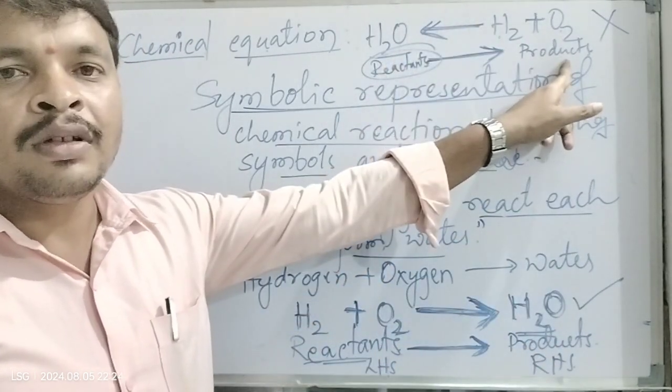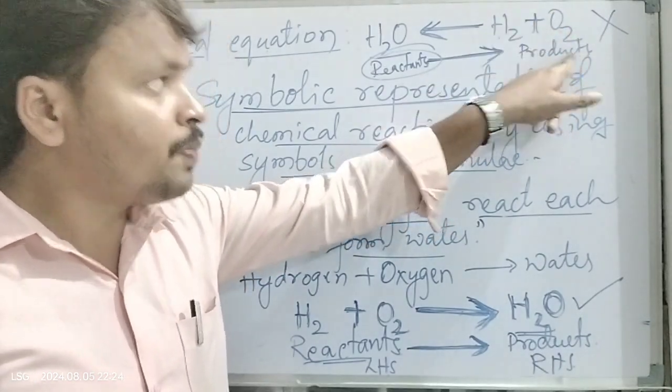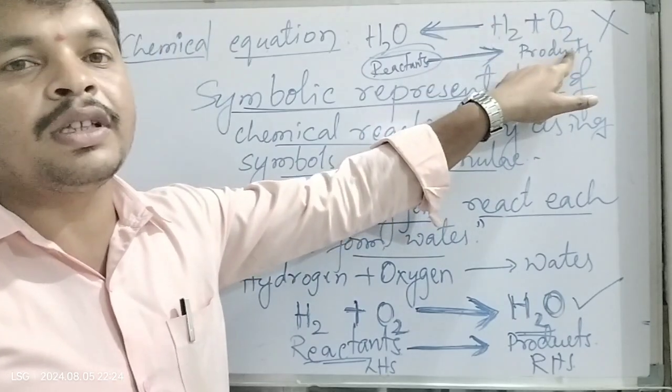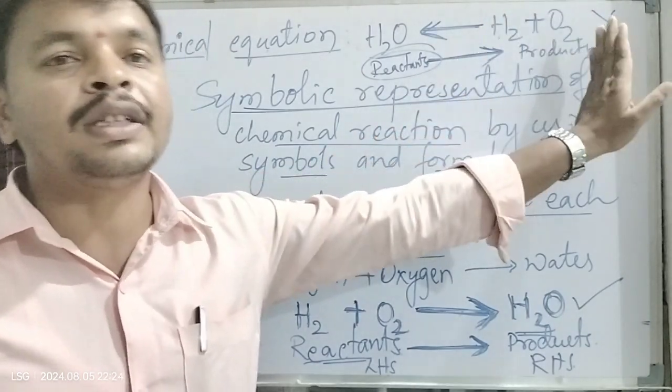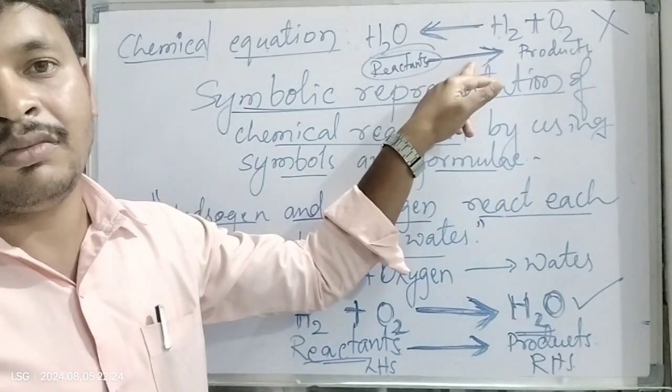Products means what is produced: the new substances which are produced during the chemical reaction are called products, and they are written on the right side of the arrow mark while writing the chemical equation.